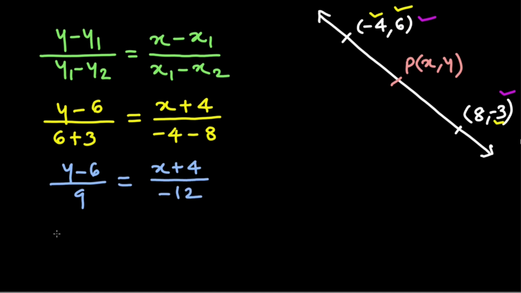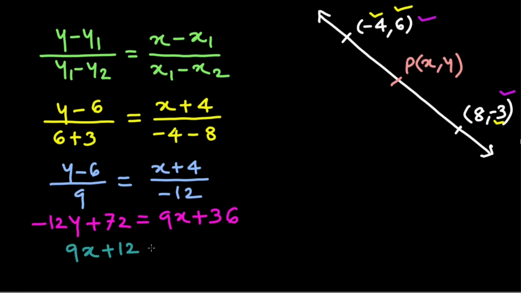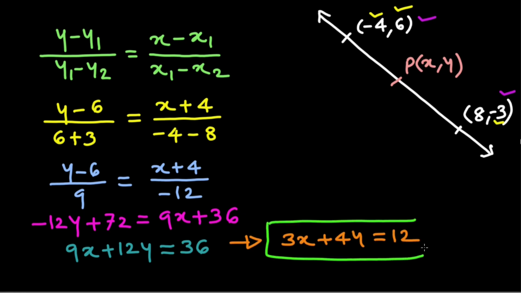By cross multiplication, it will be minus 12y plus 72 equals 9x plus 36, which will be 9x plus 12y equals 72 minus 36, which is 36. Dividing by 3 throughout, we get 3x plus 4y equals 12. So this is the equation of this line.